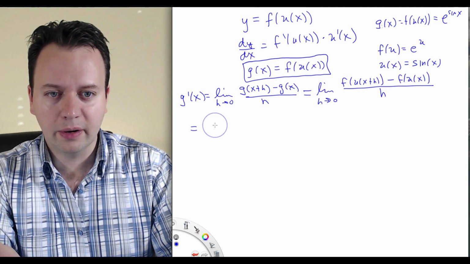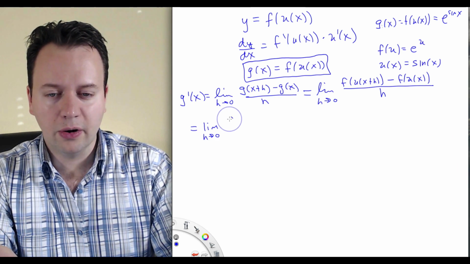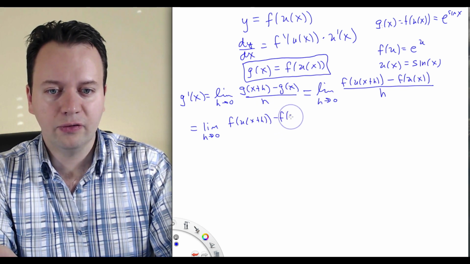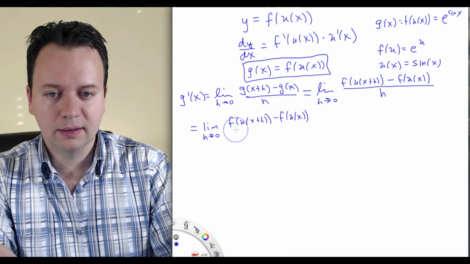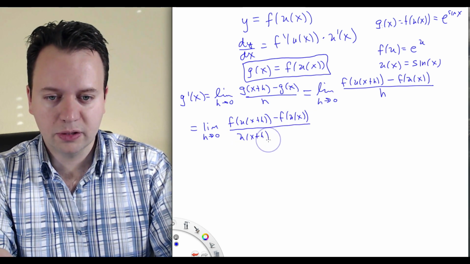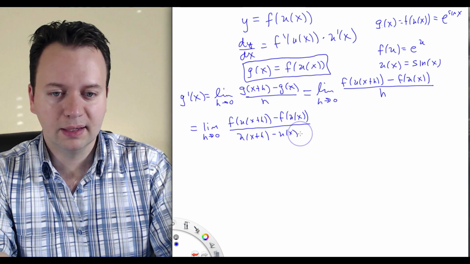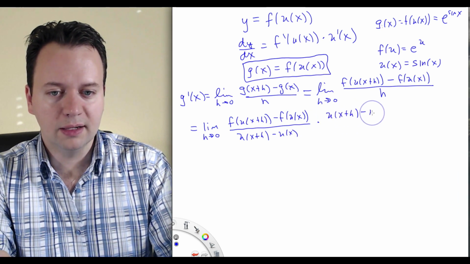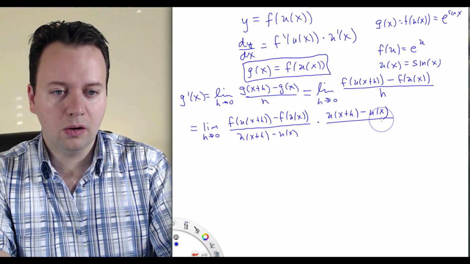Now the trick here is to do the following. Limit as h goes to 0 of f of u of x plus h minus f of u of x over u of x plus h minus u of x, and then times u of x plus h minus u of x all over h.